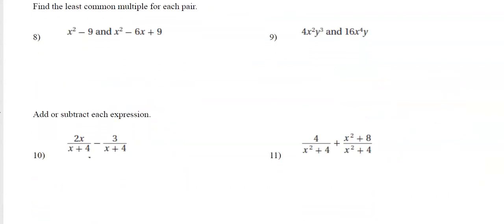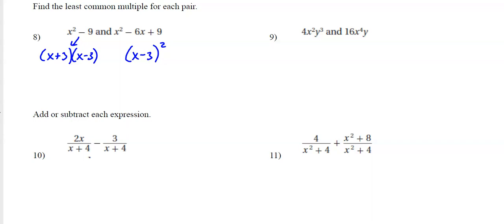All right, moving right along. Find the least common multiple for each pair. So we got to find the first thing that both of those can go into. So this one right here, well, that's x plus 3, x minus 3. So I know I have those two factors. Well, then over here, I have an x minus 3 times itself, x minus 3 squared.